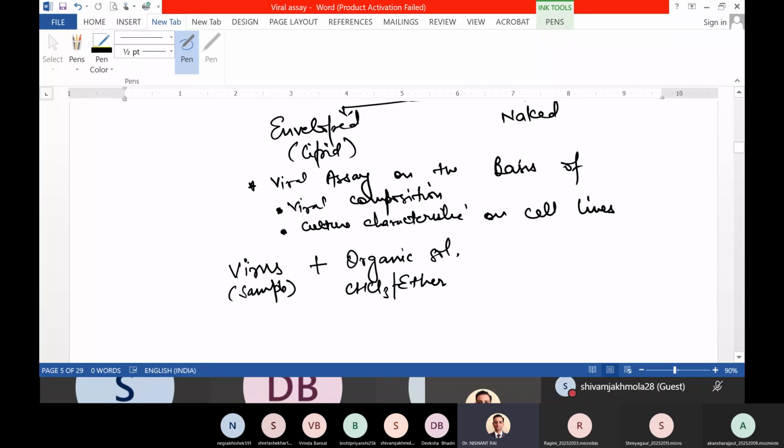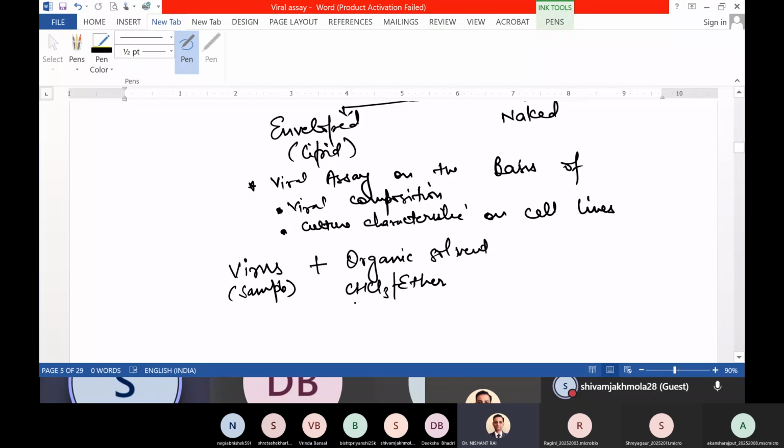So what we are doing, we are incubating this virus sample with an organic solvent like chloroform and ether. Am I audible? Yes, sir.